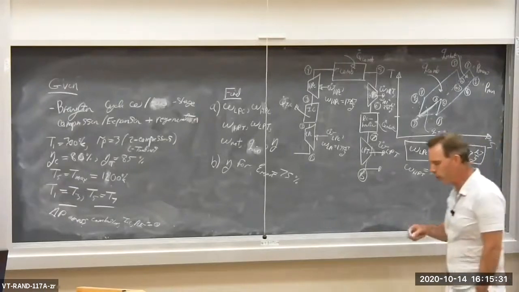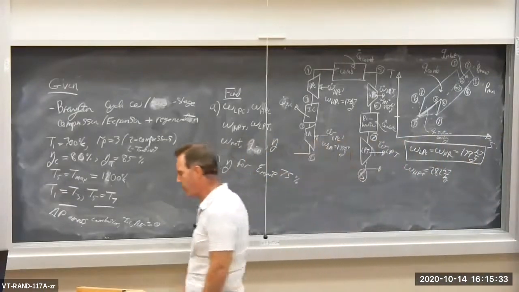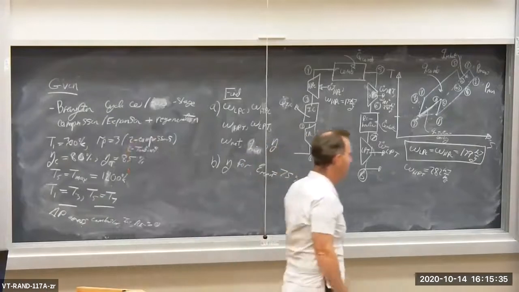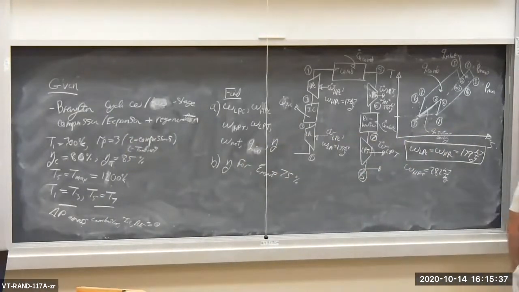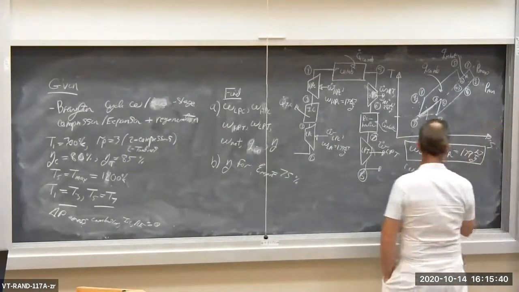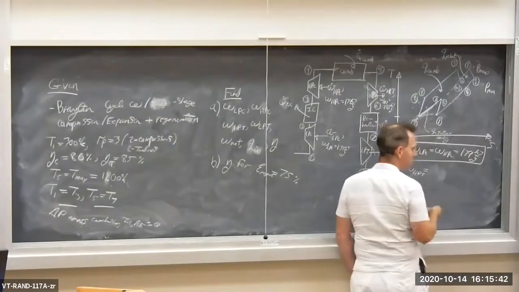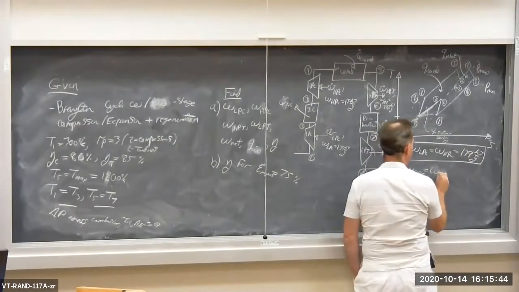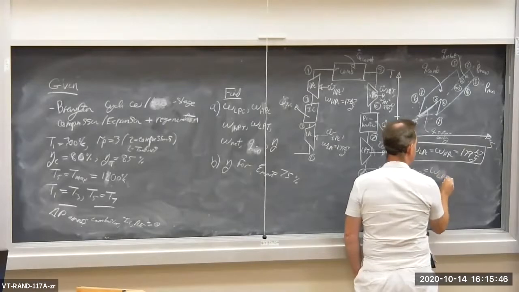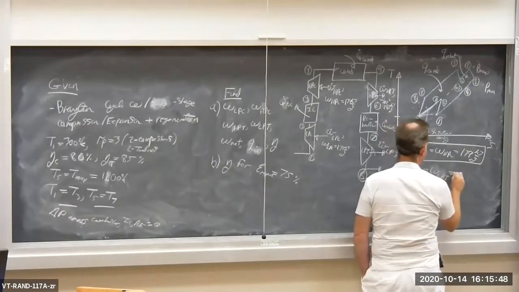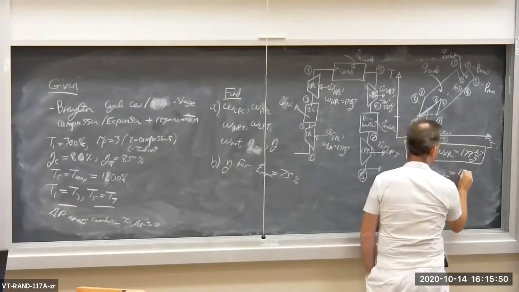So if you do the whole analysis again for the low pressure turbine, you're going to get the same exact specific work. So specific work for the HPT is equal to specific work for the LPT, which is 282 kilojoules per kilogram.